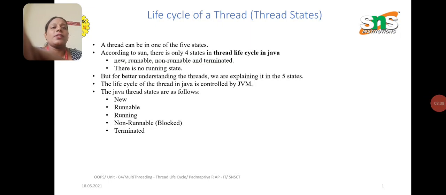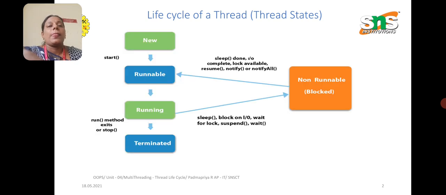So this is the life cycle of a thread. There are 5 thread states: new, runnable, running, non-runnable and terminated. New in the sense it starts a new thread. Then runnable.